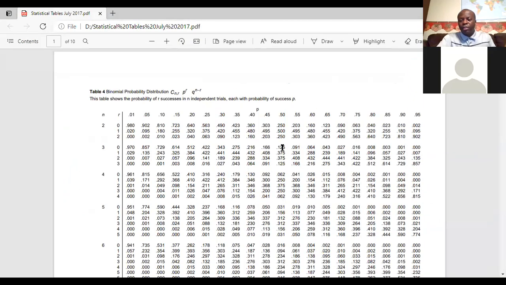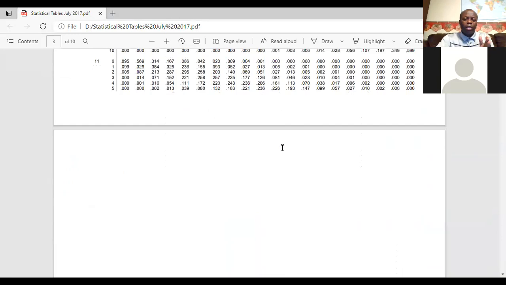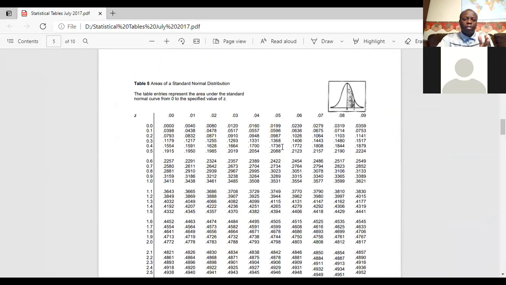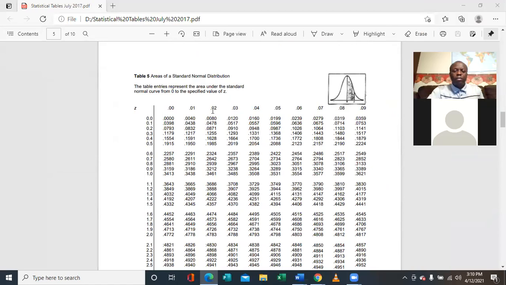We use it for the binomial distribution. For the normal distribution, which we'll be covering this week and part of next week, we'll be using table 5, the areas under the standard normal distribution. There are 3 different versions of this table: one that is cumulative, one in the form of a percentage, and this one.